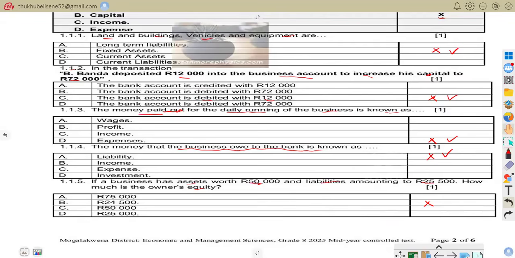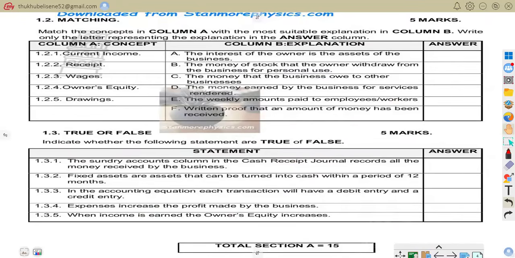So now let us move on to 1.2. Let us be on 1.2. Matching. It says match the concept in column A with the most suitable explanation in column B. Write only the letter representing the explanation in the answer column.